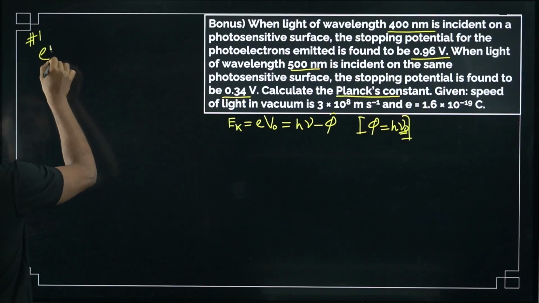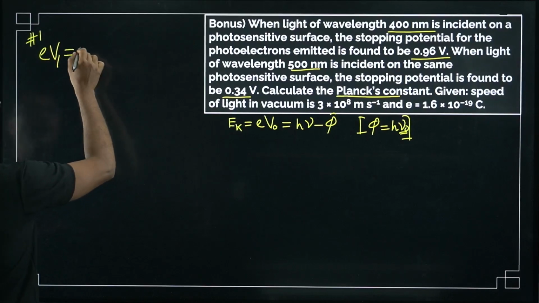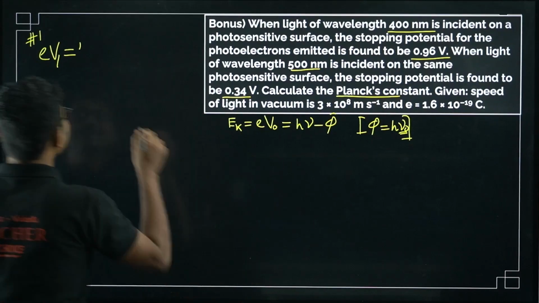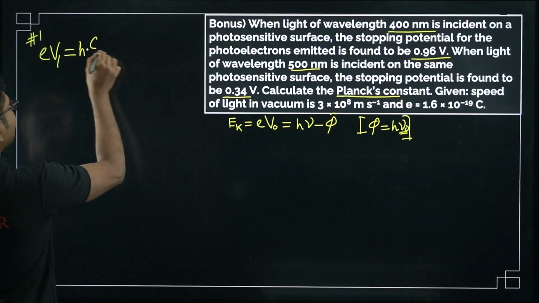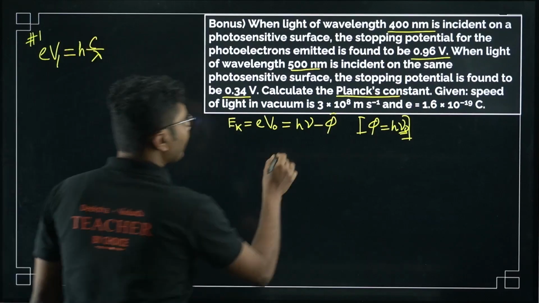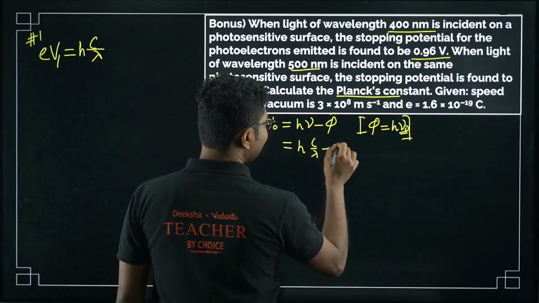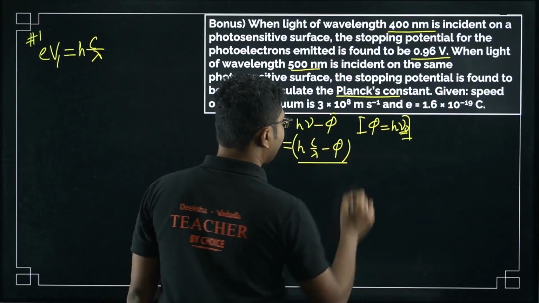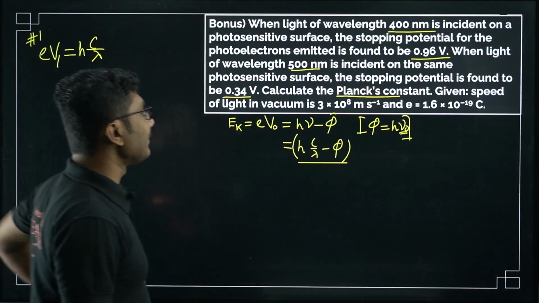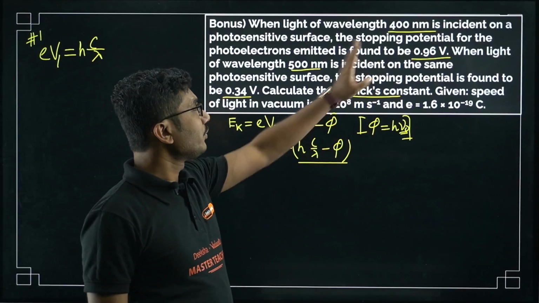Say the stopping potential is V1 in this case, and because the wavelength is given, we have to replace nu by c by lambda. That is optional, case to case, because lambda is given, nu is c by lambda, so we will use that.